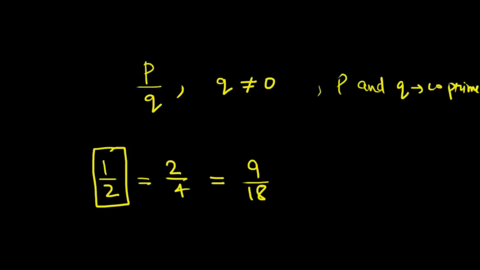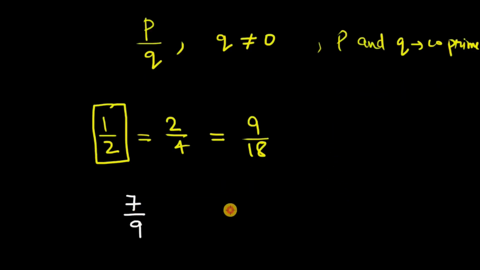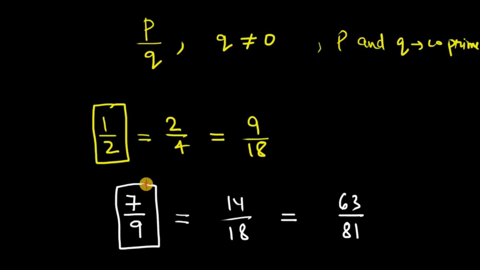One more example: 7 over 9, or 14 over 18, or 63 over 81, all of these are equivalent fractions, but the simplest one is 7 over 9, so this is the rational number. Just as a review, any number in the form of P over Q, where P and Q are integers and Q, the denominator, should not be 0, is known as a rational number, okay?